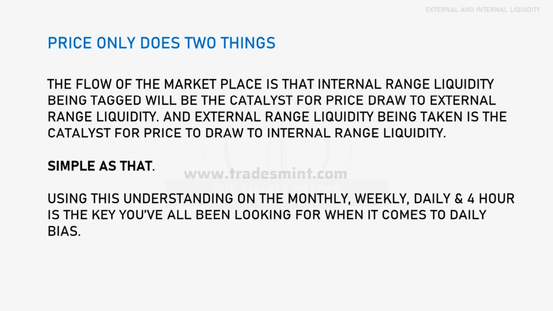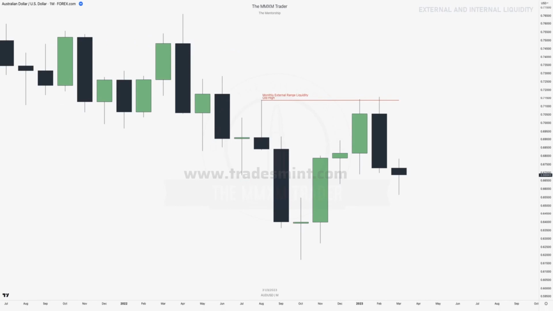Alright, we've got an Australian dollar, US dollar monthly chart over here. Now, let's look, where is the monthly external range liquidity over here? So we rate this external range. Now, without going further, where does your eye draw into? You should be looking at an internal range liquidity in the form of a fair value gap.